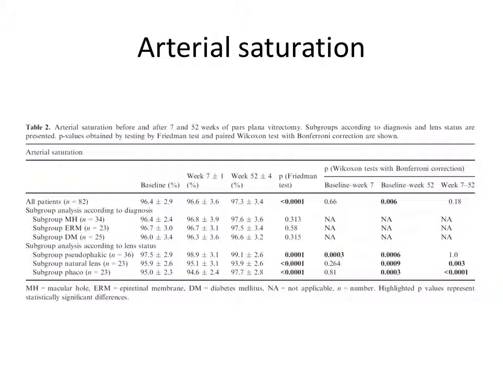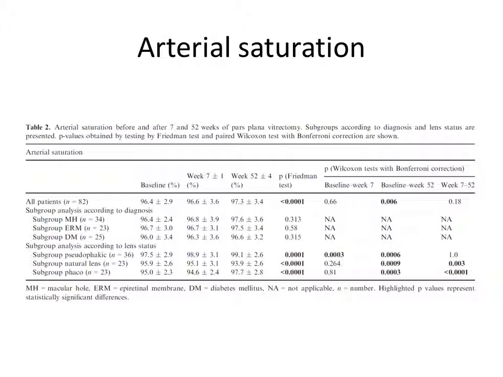Okay, and now for the results: the arterial saturation. Basically, in all patients, when we combine all the groups, there is a very slight increase in arterial saturation. Even though the p-value is statistically significant, the increase is just roughly 1%.